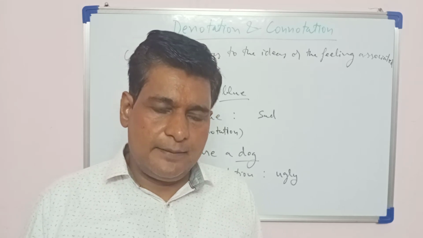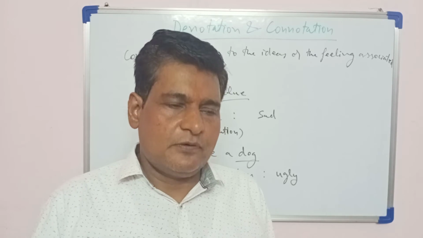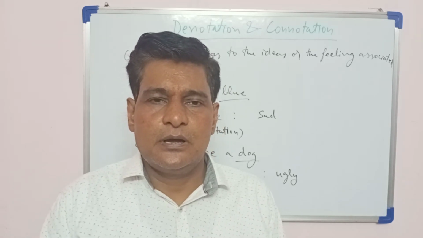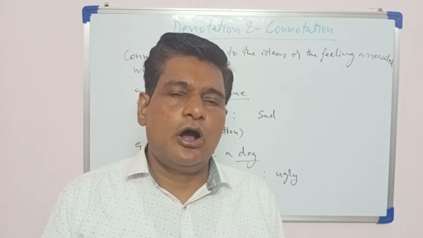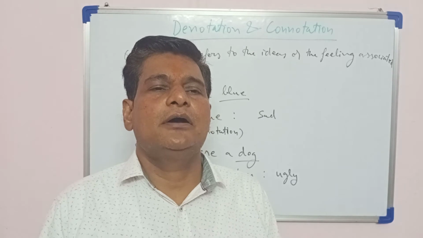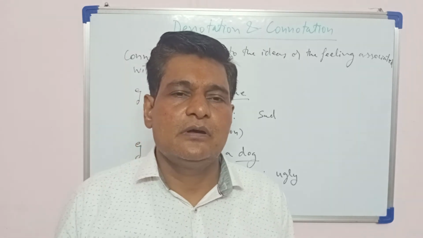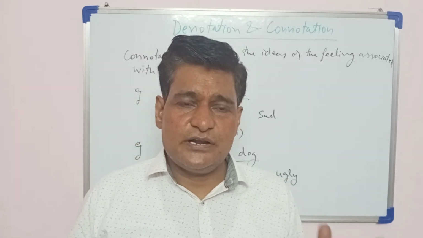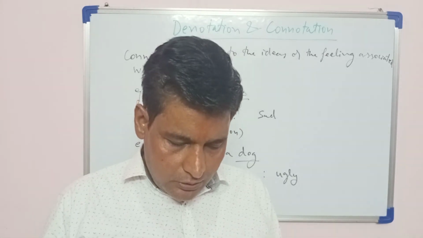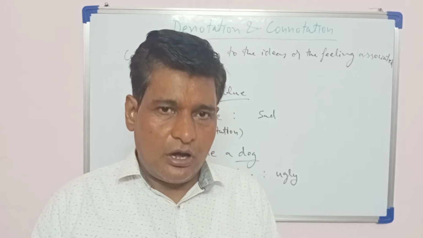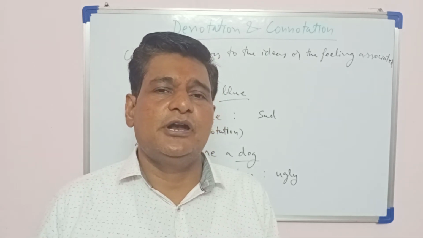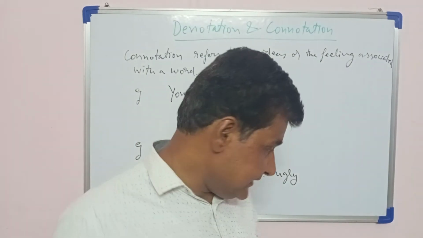So we can say the synonyms of a word would be having widely different connotations, but if we talk about denotation, then these would be roughly the same or there would not be much difference. So let's understand how the meaning of connotation may be positive, it may be negative, or it may be neutral.